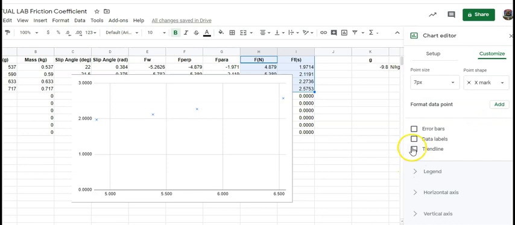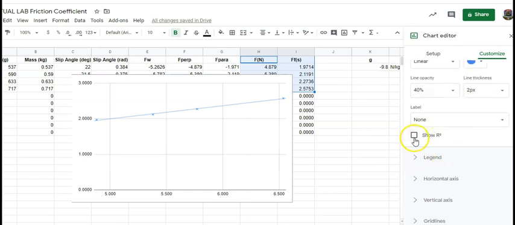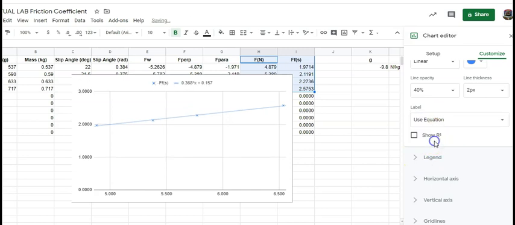Okay, I will want a trend line, and I will also want where it says label to show use equation. Okay, and that gives us the equation here. So frictional force equals, that's our gradient times x plus where it crosses the y-axis.